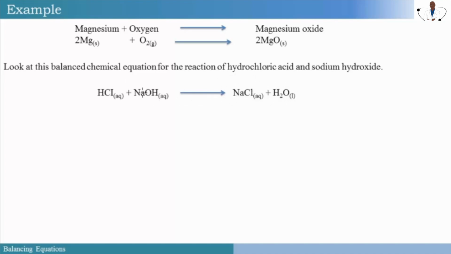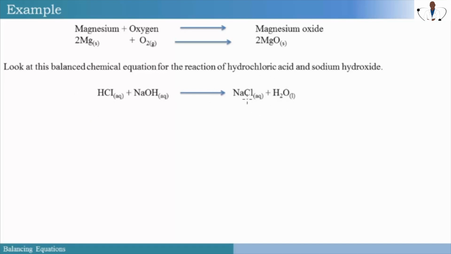And you'll see that HCl here is no longer over here because the HCl broke up and combined with sodium to form NaCl, and the OH combined with the H to form water. But the total mass here is equal to the total mass here.